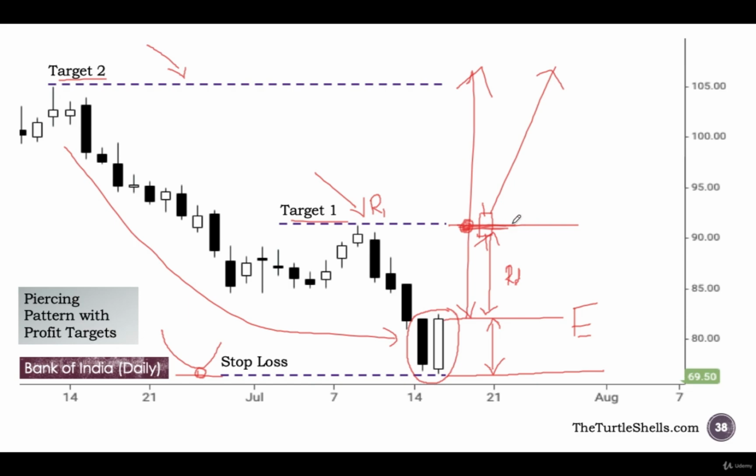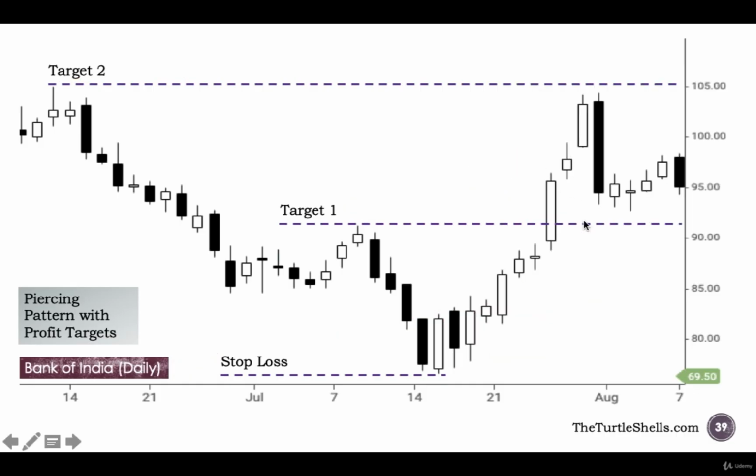But if it stalls there for a few days and doesn't move anywhere, then I would probably look at exiting the trade, because the price is anyway not going up to target 2. Okay? So in this case, target 1 was achieved by this candle, and it was aggressively achieved. However, before target 2 was hit, you have this long black candle confirming that that is a far-fetched dream.